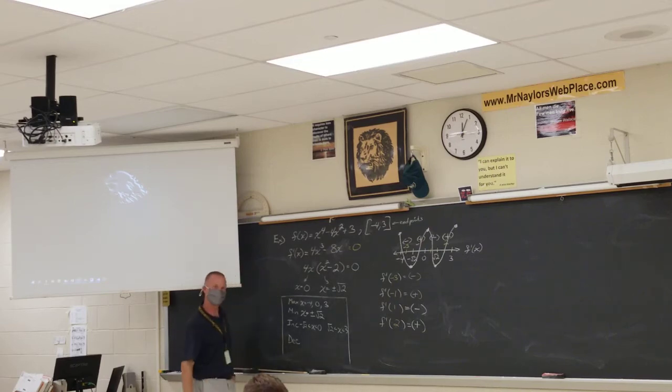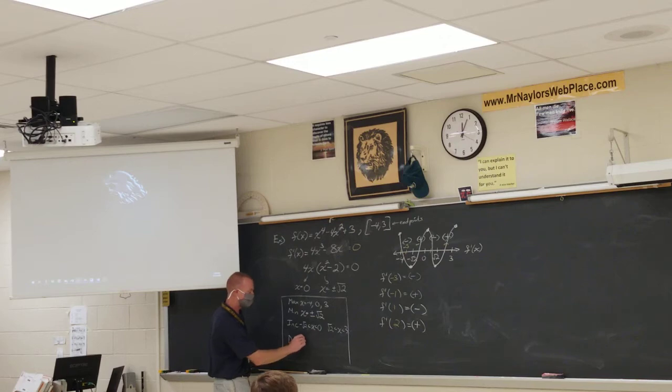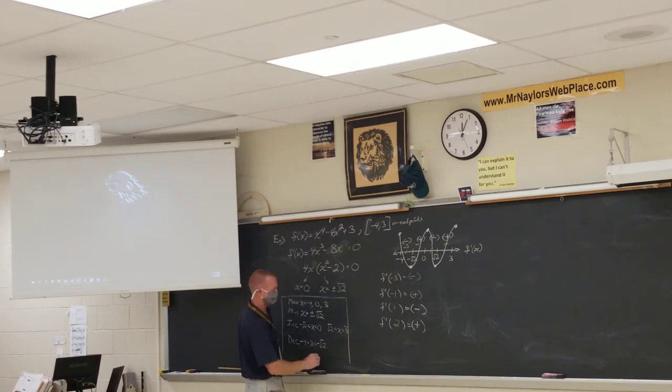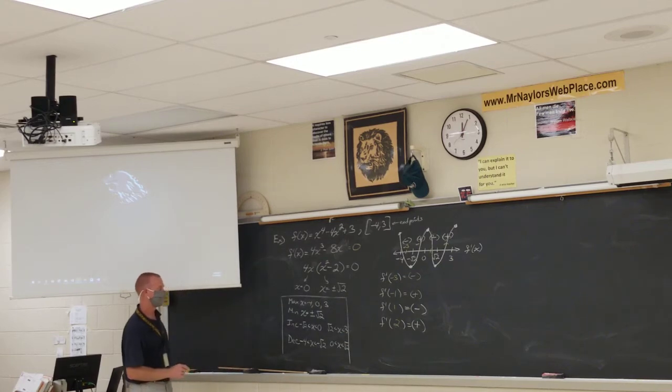So I can write that as an inequality if I want. And then we've got some negative slopes for the other spaces. All right, so I've got -4 is less than x is less than negative root 2, and then 0 is less than x is less than root 2.